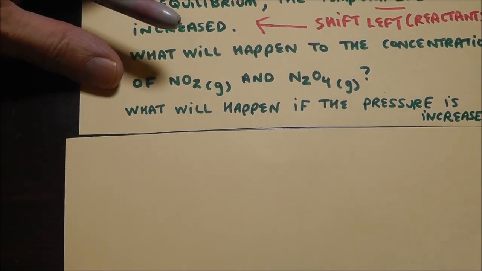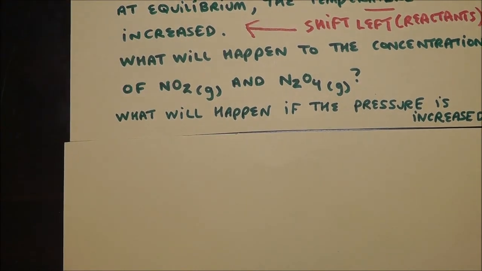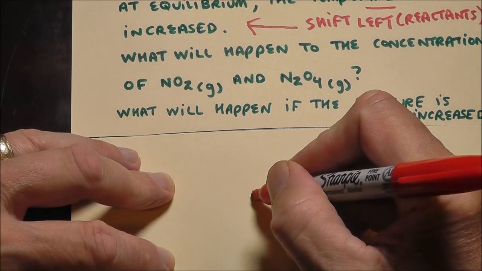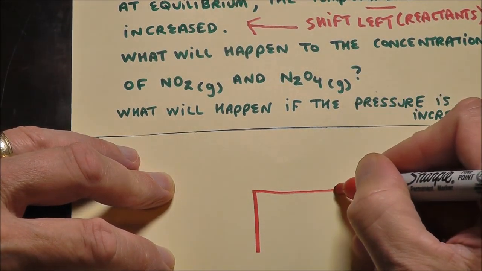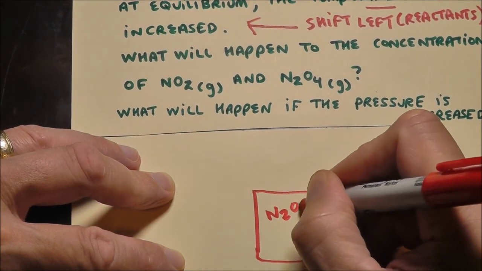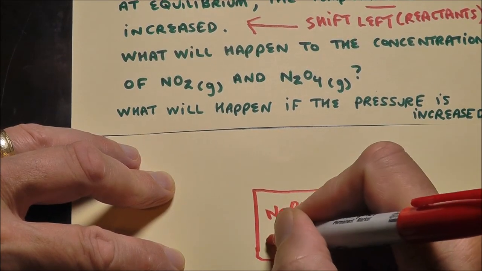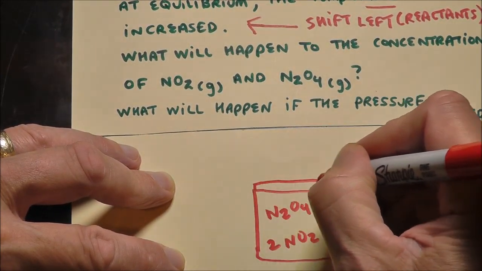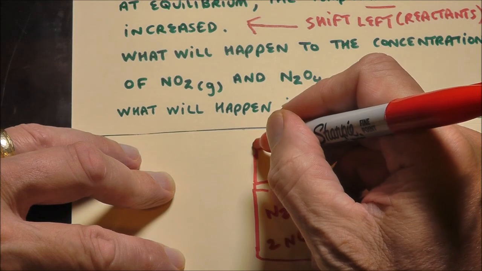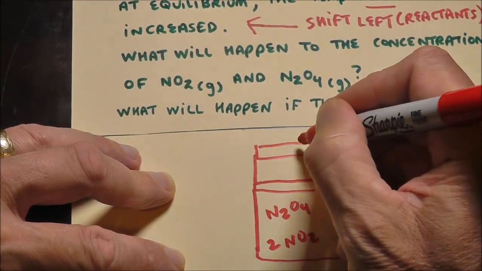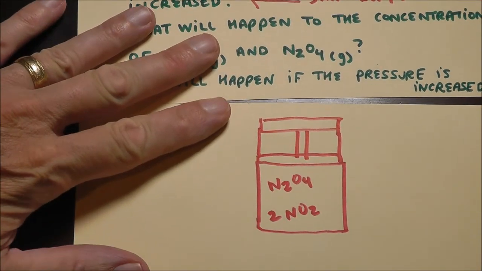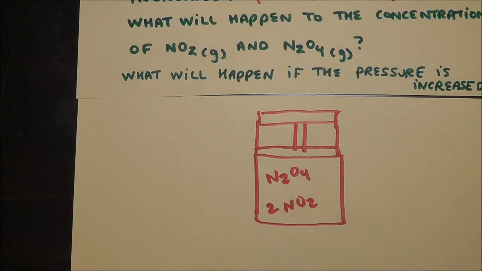And so what happens if we're going to increase the pressure? Now how would we do that? You engineers, we're going to take this system, and you've got N2O4s in there, you've got NO2s in there, but there's twice as many. And now you're going to take a piston, the piston was up here before, and now you push down and you squish it. You engineers are going to see so many pistons. You'll get pissed off at pistons.